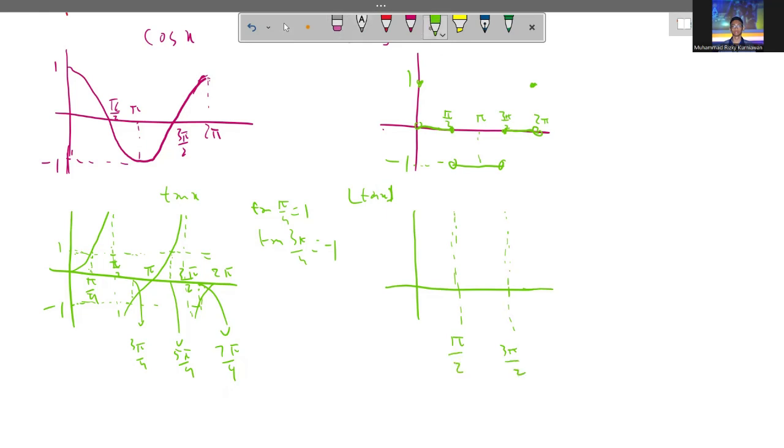Then notice that when this is pi over 4, like here, the value of the GIF of tangent of x is 0 here. But then after that, this is 1. After that, it gives us some kind of a pattern that looks like this.